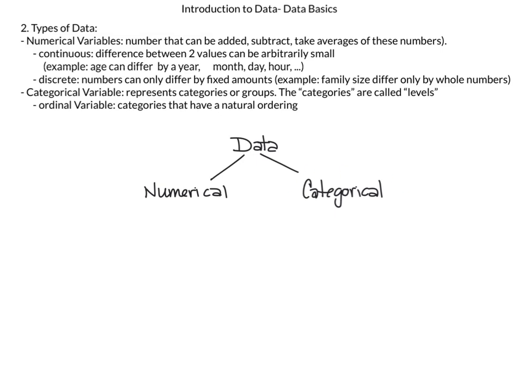So for example, in our overview, we talked about classifying high school students as freshmen, sophomores, juniors, and seniors. So those are categories. It's a categorical variable, that classification. What class are you in? Freshman class, sophomore class, junior class, senior class.